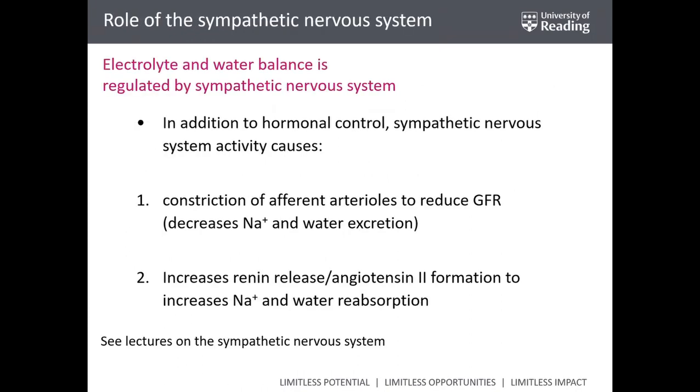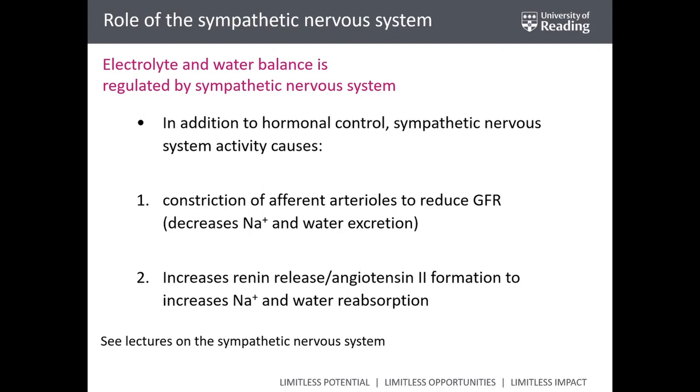So the sympathetic nervous system, of course, plays a role. We mentioned the short, mid, and long-term regulation of blood pressure, which definitely fits with the regulation of water reabsorption. The electrolyte and water balance are regulated by the sympathetic nervous system in addition to hormonal control. It is because the sympathetic nervous system results in the constriction of afferent arterioles, reducing the glomerular filtration rate.